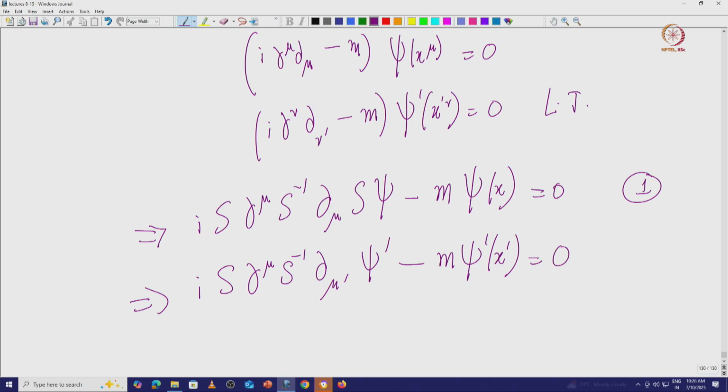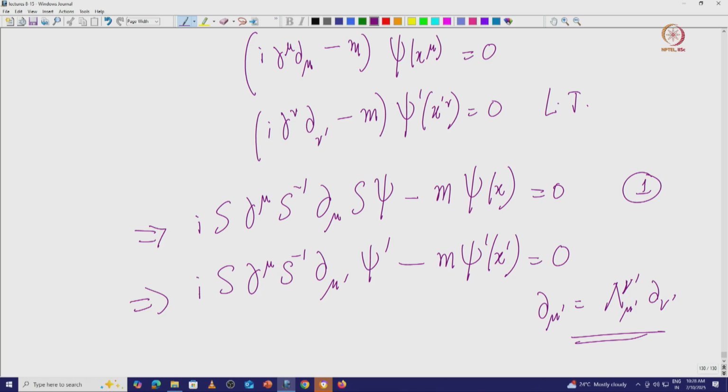So I have re-expressed both equations in terms of S and S inverse, where del_mu' is equal to lambda^nu'_mu' del_nu'. This is the assumption I have made.